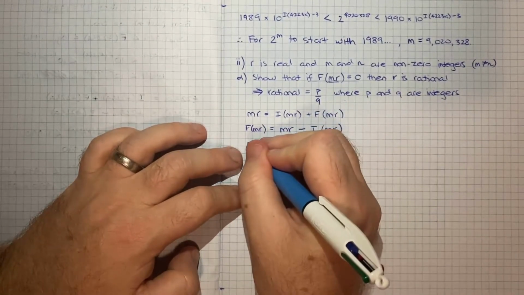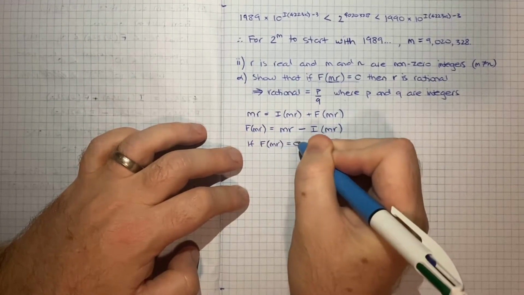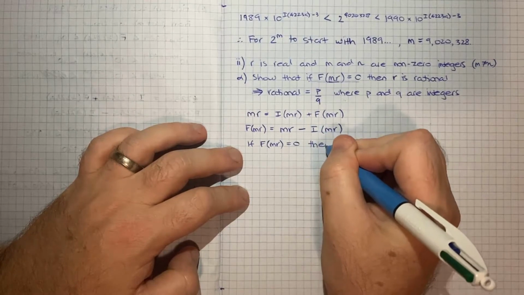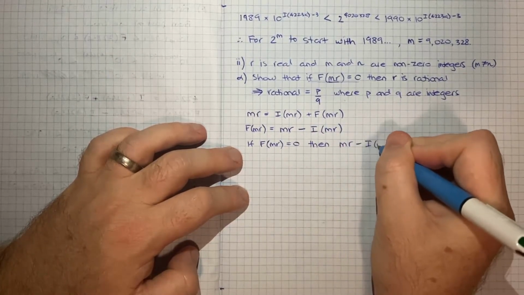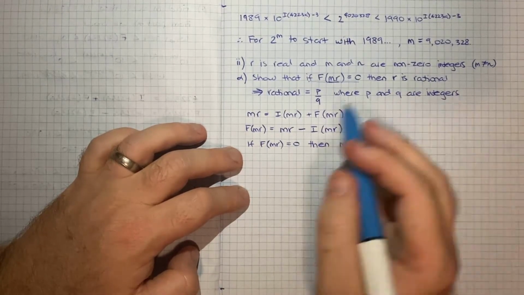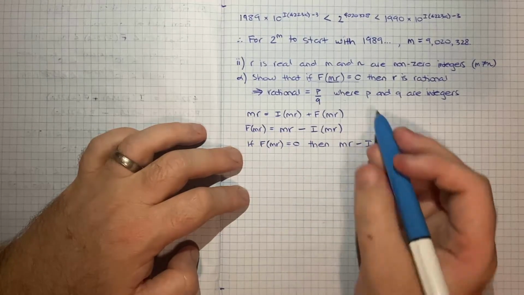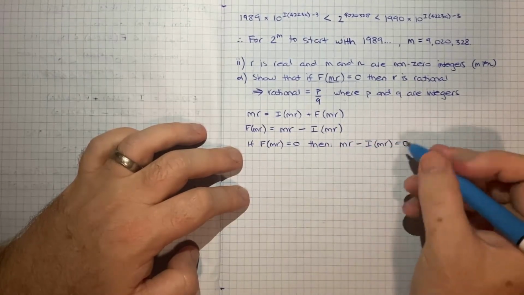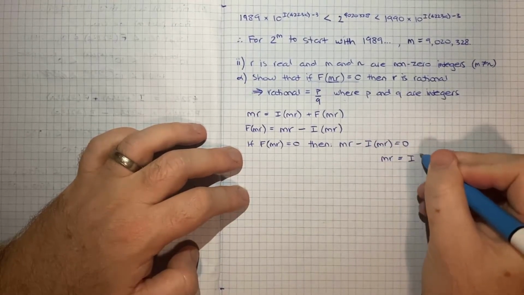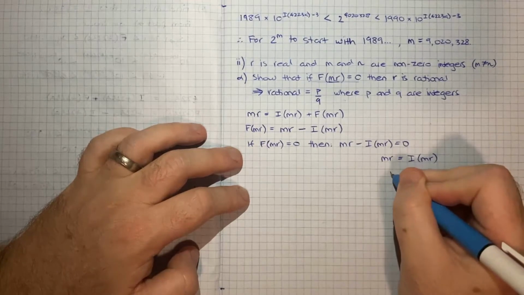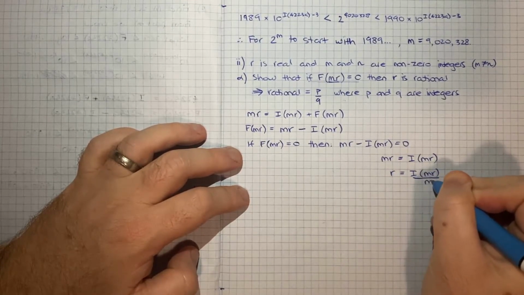So from there, I can say if the fractional part of MR is equal to 0, then that must mean MR minus the integer part of MR is equal to 0. So I've just substituted this result in here. So again, rearranging, we get MR is equal to the integer part of MR. So R is equal to the integer part of MR divided by M.